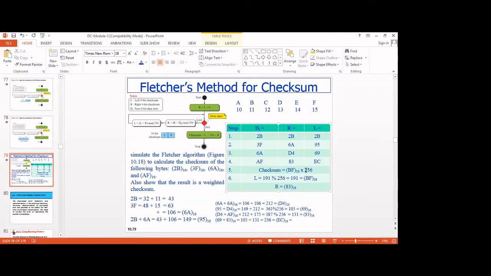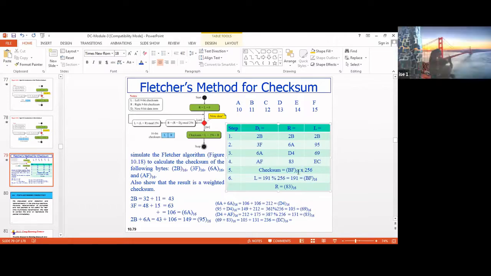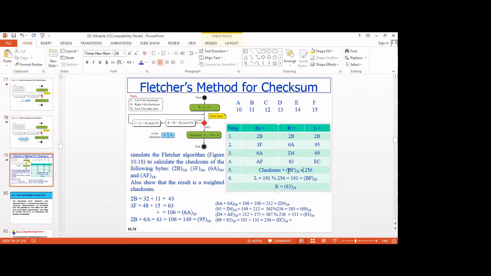It should be a 32-bit number because it is taken as base 16. So L is nothing but EC.